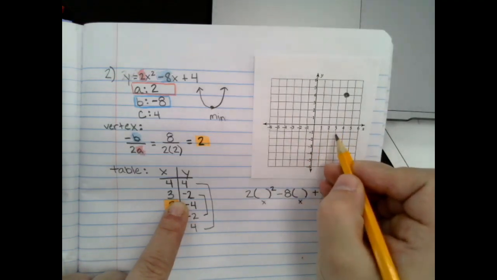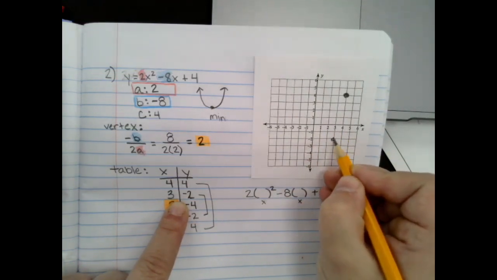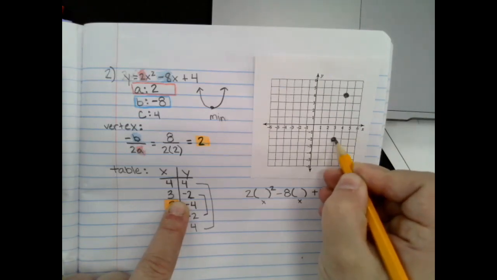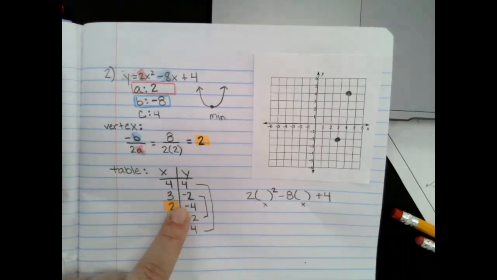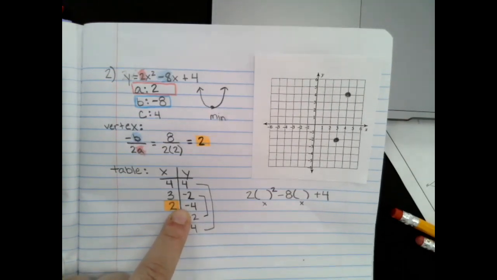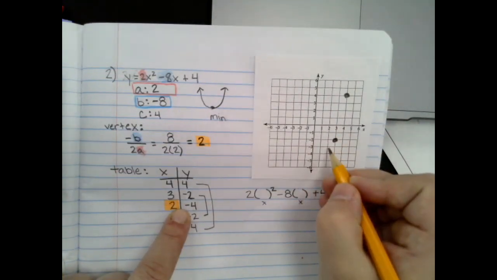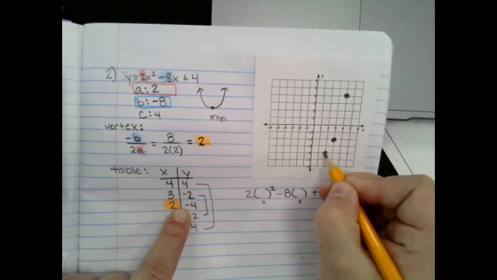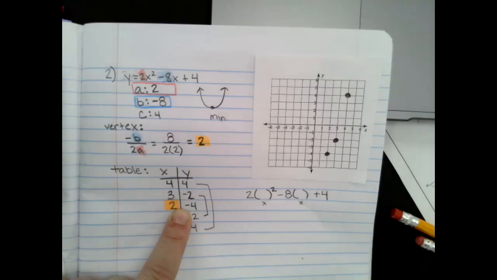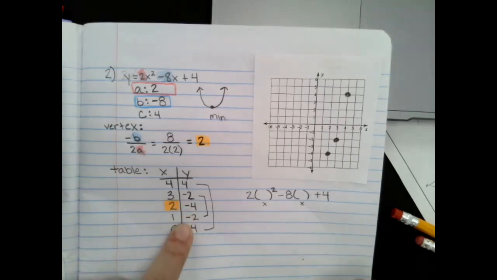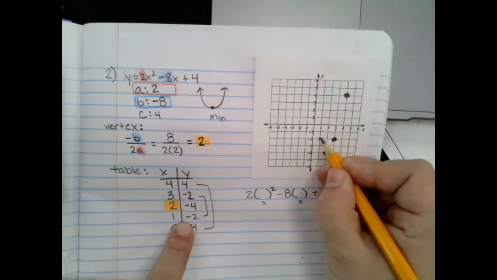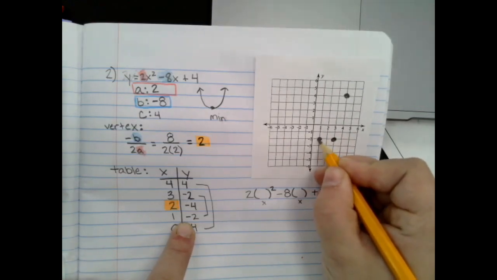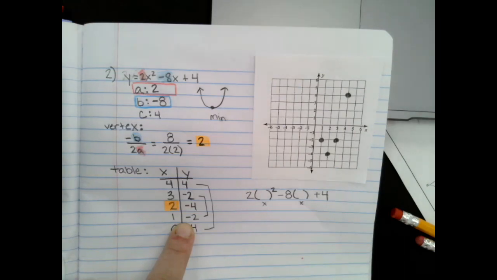Right 3, down 2. Nice, whoever said that. There's a couple of people going along with it. 2, -4. That's our minimum. So now it needs to curve back up. 1, -2. And then it should match.